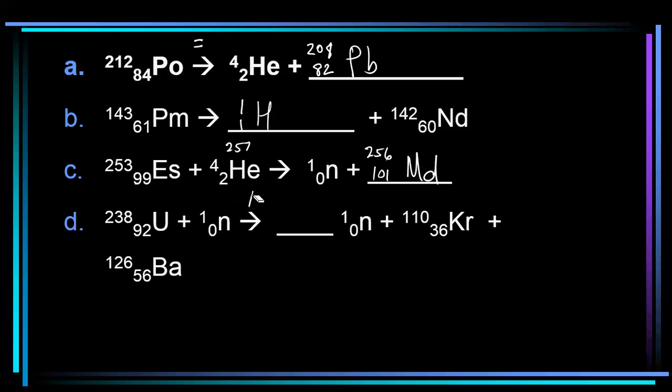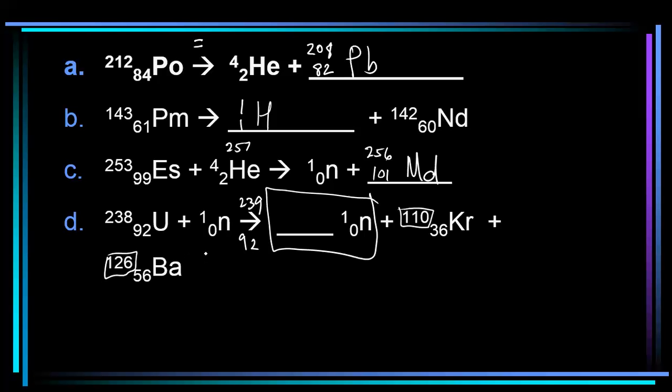Jackson! 238 plus 1 is? You might want to use your calculator. 238 plus 1 is 239. 92 plus 0 is? Okay. Now, this one's kind of special in that you have any number of 1, 0 neutrons that you need to account for. Sometimes reactions will actually release more than one tiny little particle. So what I suggest you do is add up 110 and 126, and that'll tell you how many of these little 1, 0 neutrons you need.